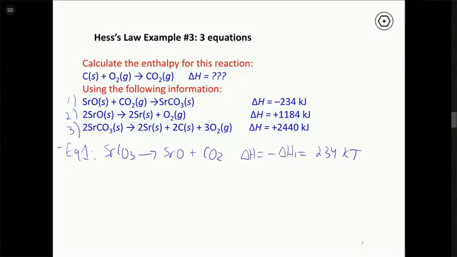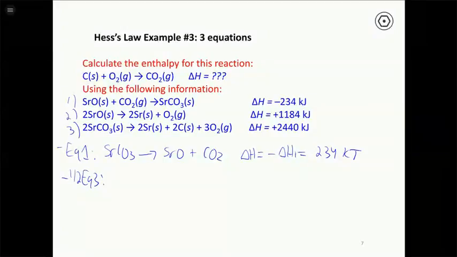Okay, so we also have to multiply it by a half. Sorry. To reiterate what I just did, this has two carbons as a product. If we flip it, that puts two carbons on the reactant side. If we multiply it by 1/2, that changes the coefficient to 1, which is what we want for our overall chemical equation that we're dealing with here. So we take 1/2 times equation 3 and we flip it.